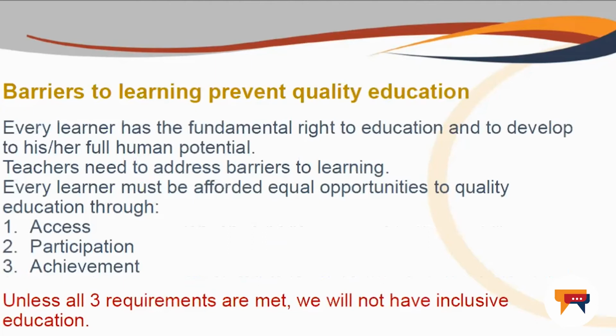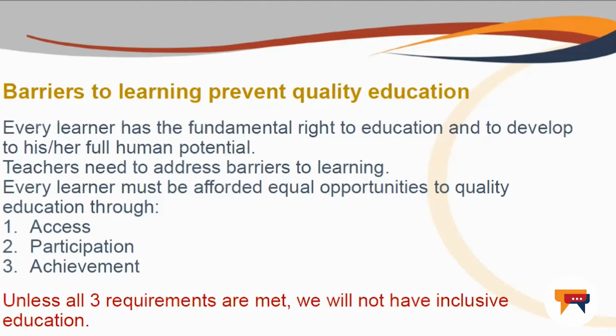Remember now, the whole purpose of inclusive education is to ensure that every learner has access to quality education in order to achieve their full potential as a learner, to really receive the support that they require. And so we can evaluate what we do.